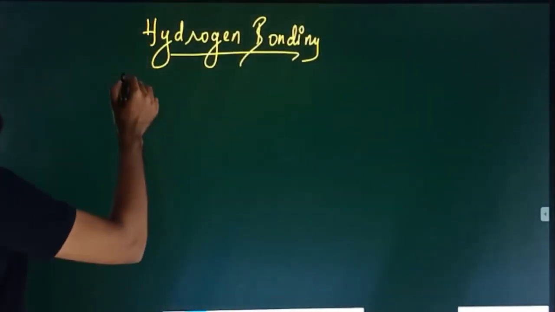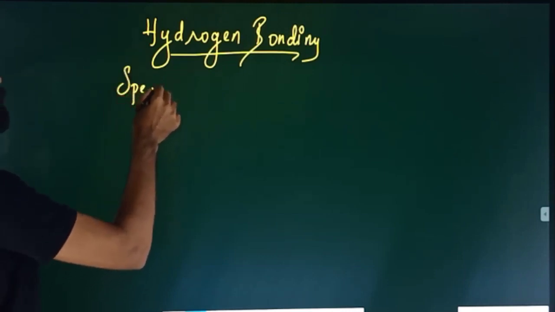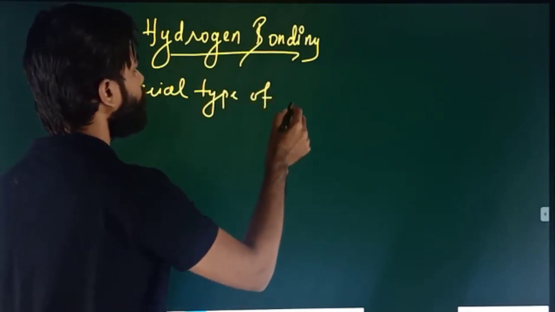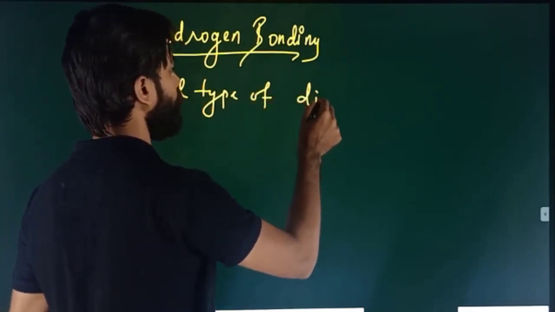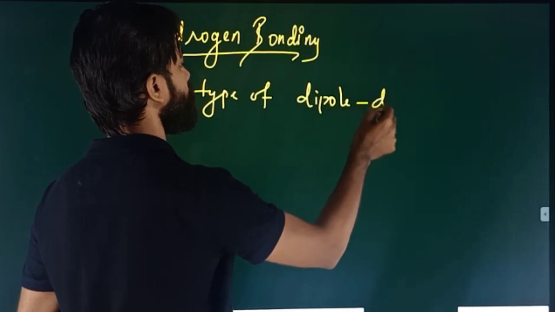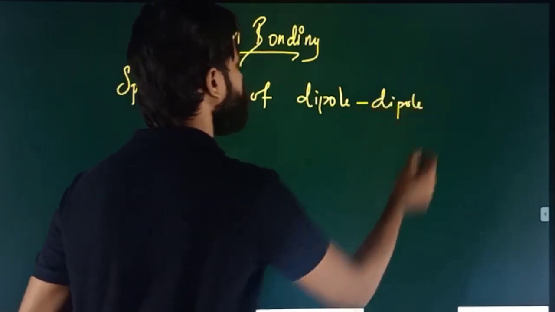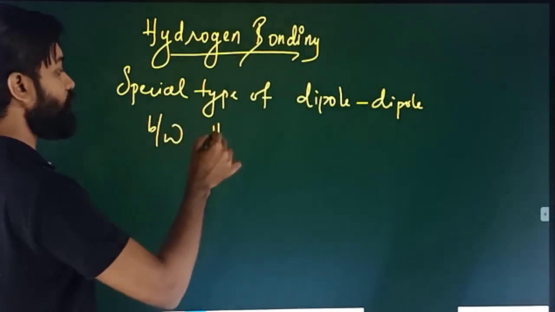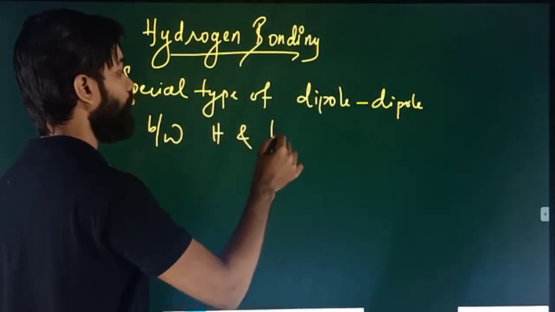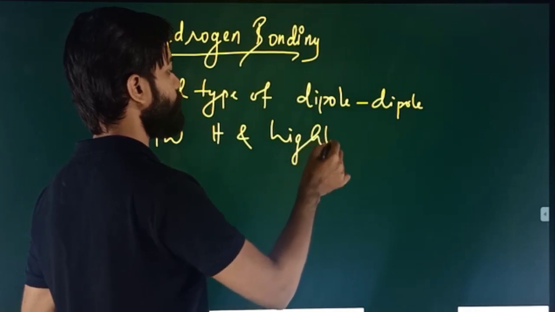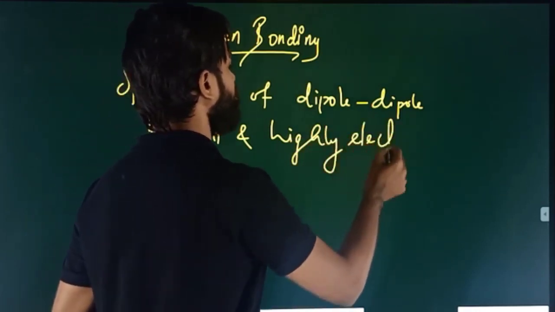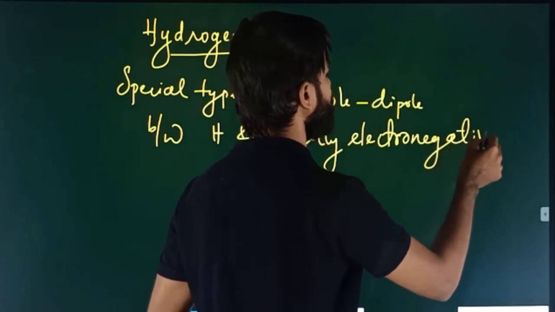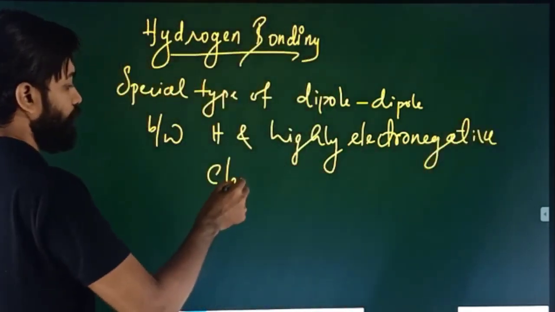Hydrogen bonding is a special type of dipole-dipole interaction, a strong dipole-dipole interaction between hydrogen and highly electronegative elements.